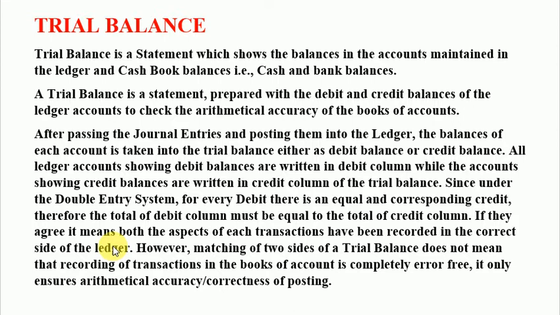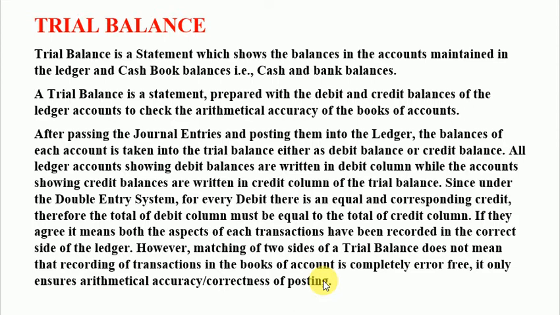But this is important. However, matching of the two sides, that means the debit column and credit column of a trial balance, does not mean that recording of transactions in the books of account is completely error free. It only ensures arithmetical accuracy or correctness of posting.